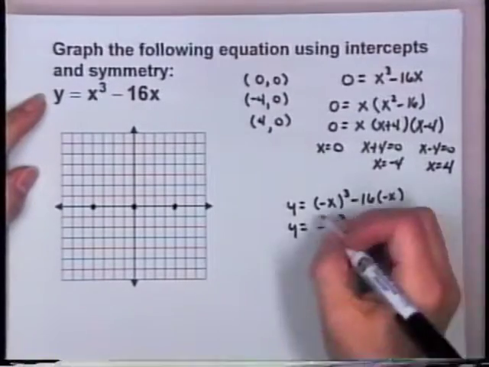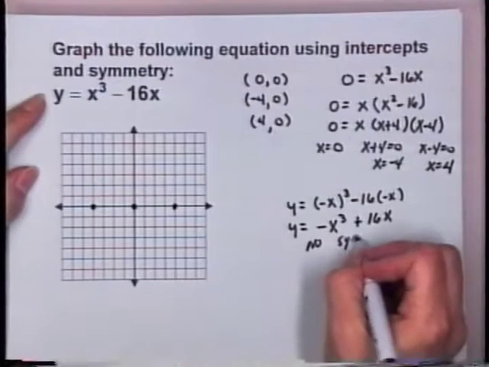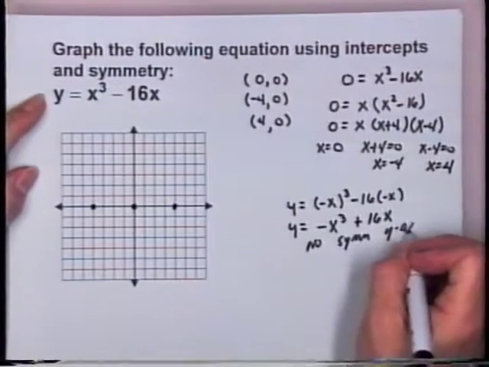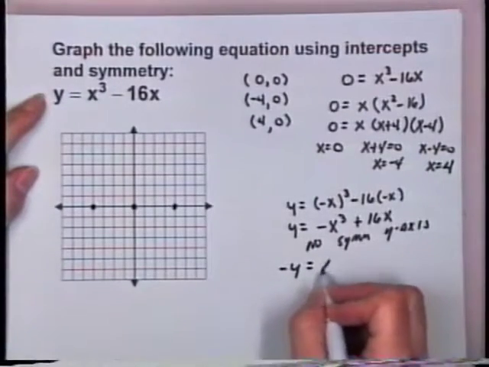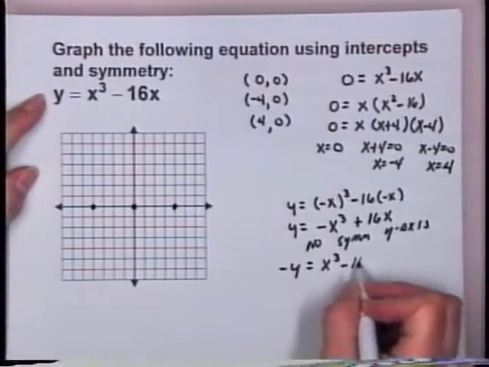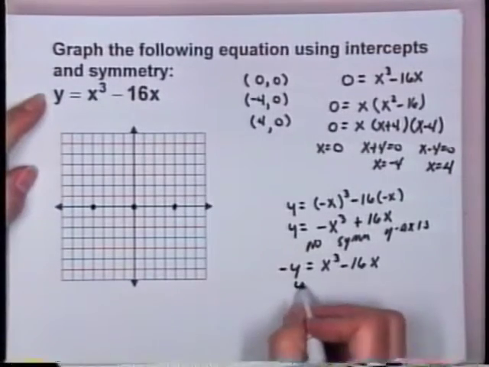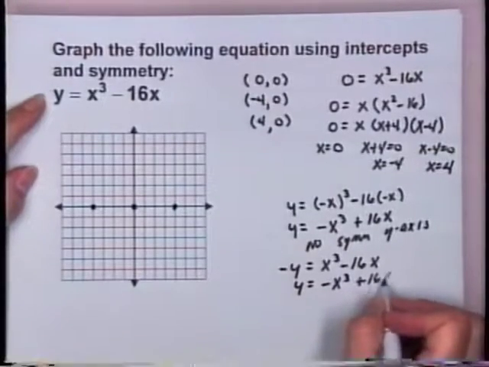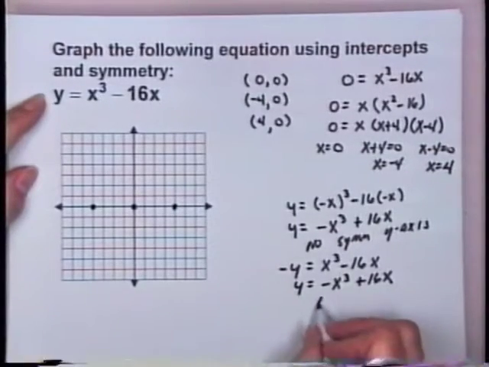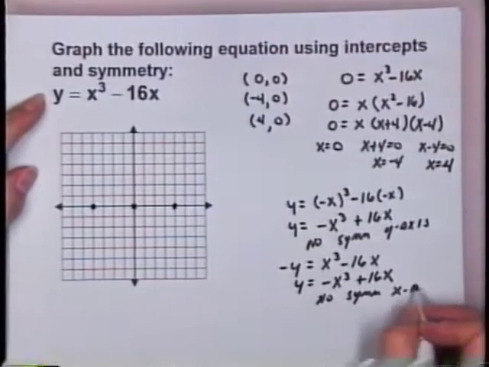No. Okay, so changing x to negative x, there is no symmetry to the y-axis. Or what about if I change y to negative y? Negative y equals x cubed minus 16x. Now, even if I multiply through by a negative 1, are these equations the same? No, they're not. So there is no symmetry to the x-axis.